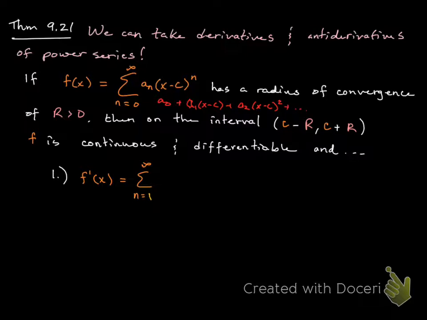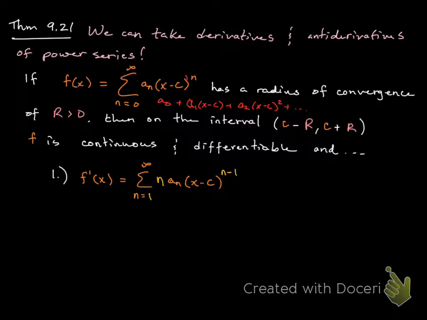I also see when I have powers of x minus c, the power for every one of those factors of x minus c is going to decrease by 1, right? And the original power is going to come down in front. So what I have is this n up here is going to come down and multiply a sub n times x minus c, subtract 1 from the power, n minus 1.